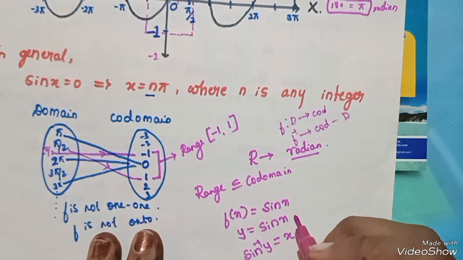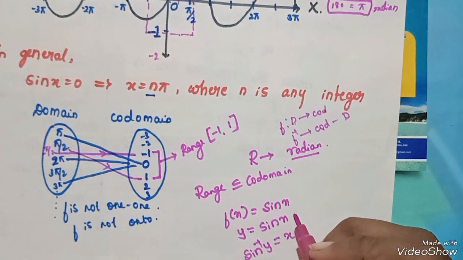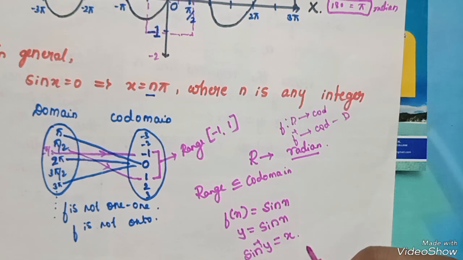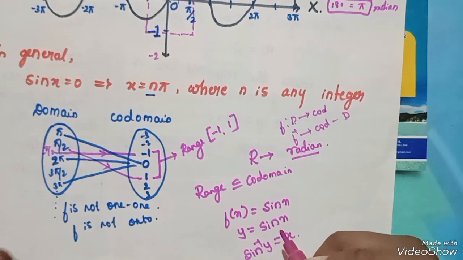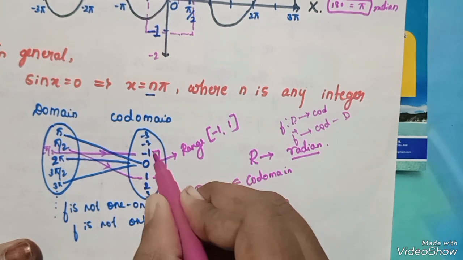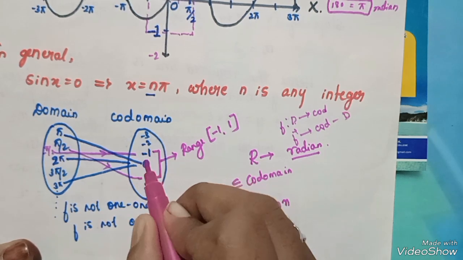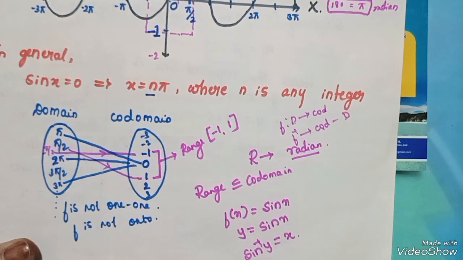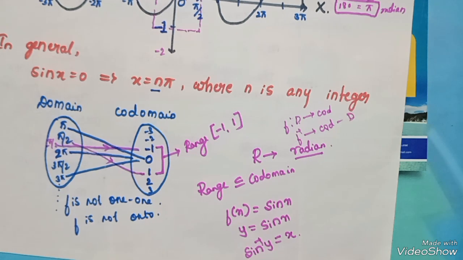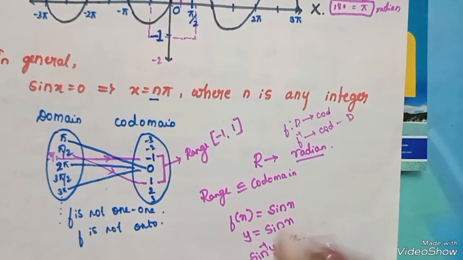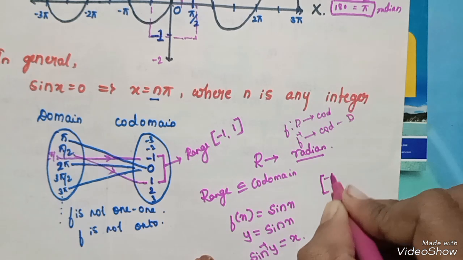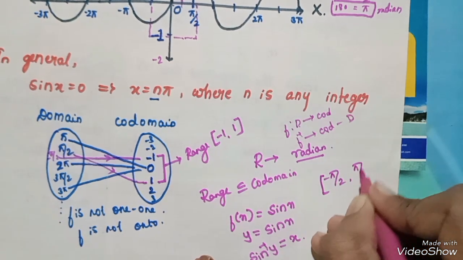Now, corresponding to each value taken from minus 1 to 1, in the interval minus 1 to 1, we get some range. That's why we take it as a function whose domain is minus 1 to 1 and whose range should be minus pi by 2 to pi by 2.